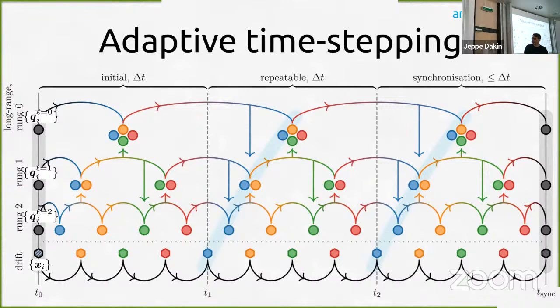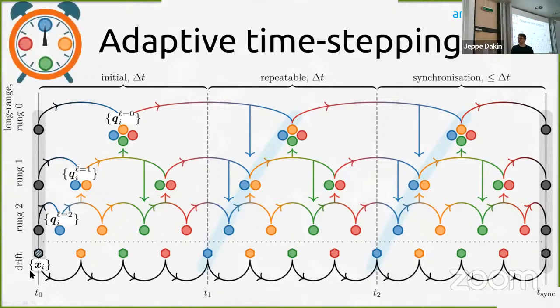Now we still have all the positions down here, but I'll split the momentum up into 3 different so-called rungs. When you go down here, the rung number goes up, meaning that its time step goes down. We still start by doing half a step for each different rung. So now some particles are further ahead than others with regards to their momentum, but they are all half a step beyond the positions.